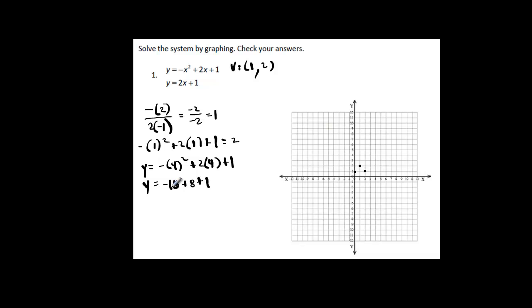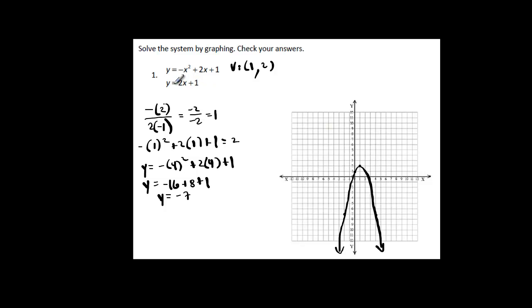So that is going to be negative 7. So 4 comma negative 7 would be right here, and the symmetry point would be right there. So if I draw this, it's not really perfect, but it's good enough, I think.